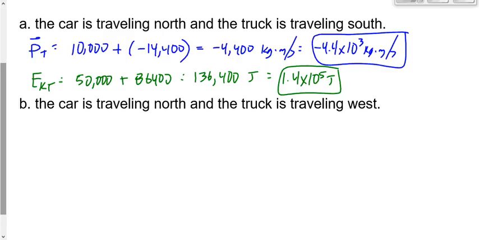What we've got to do is say, look, the car is traveling north with a momentum of 10,000, and the truck was traveling to the west with a momentum of 14,400. What's the total momentum?